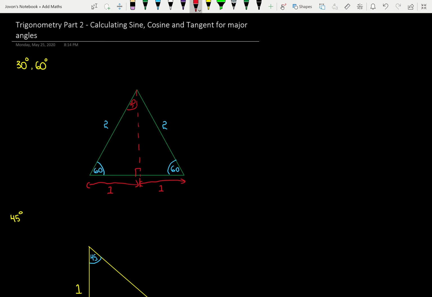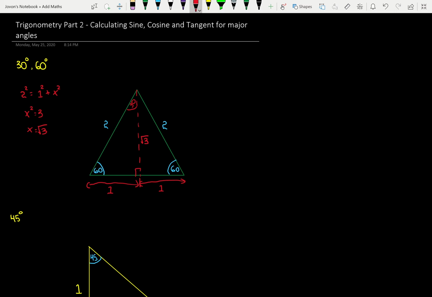Using Pythagoras theorem, we get 2 squared is equal to 1 squared plus, let's call that line x, squared. So therefore x squared would be equal to 3, and therefore x would be equal to the square root of 3. So the length of this line here is actually the square root of 3.